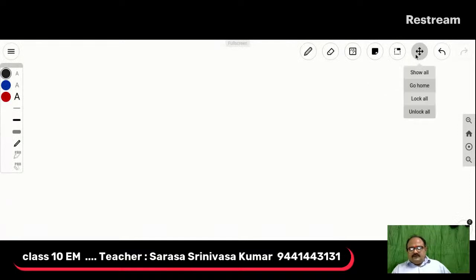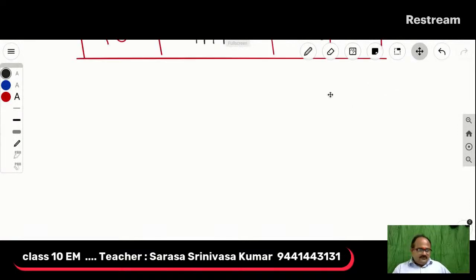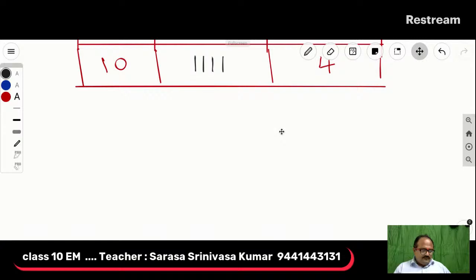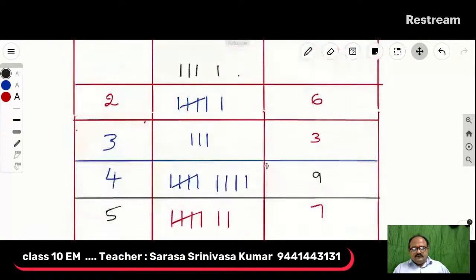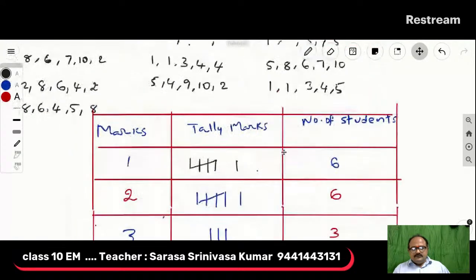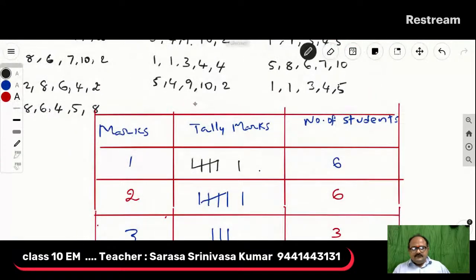So here this table is an ungrouped frequency distribution table.